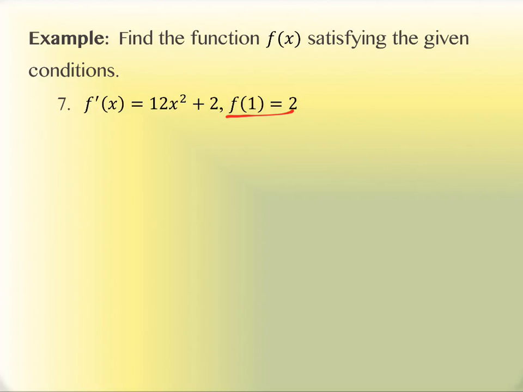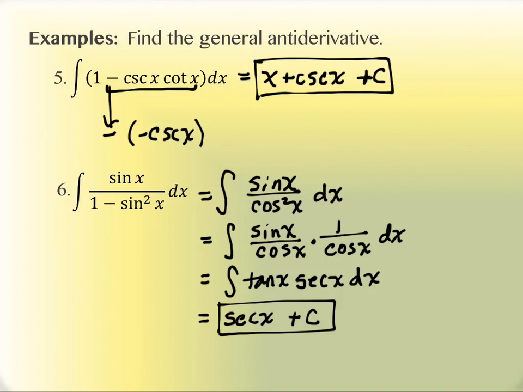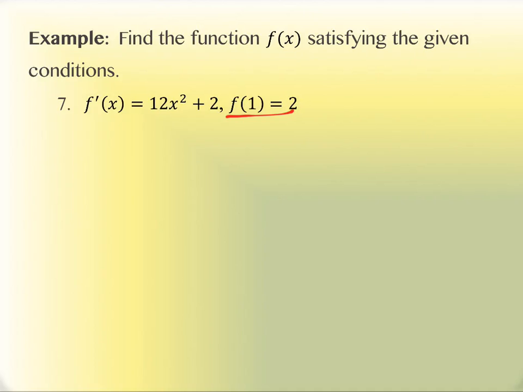What we were working on in the previous slides is we were given a function, and we were asked to find its antiderivative. That's the same statement. It just didn't have the f prime and the f listed anywhere. It had that integral notation instead, that script s at the beginning and the dx at the end. So we're going to take this function right here, which is a derivative function, and we're going to find its antiderivative.